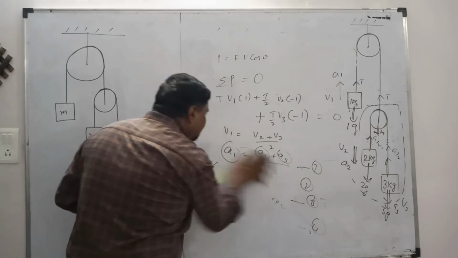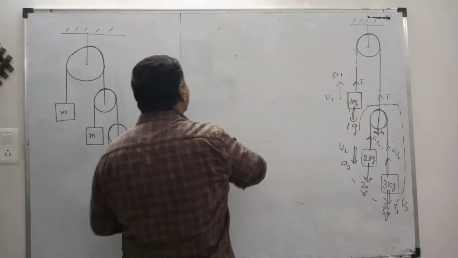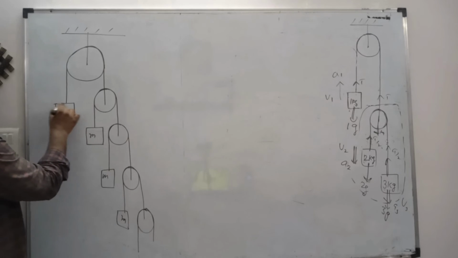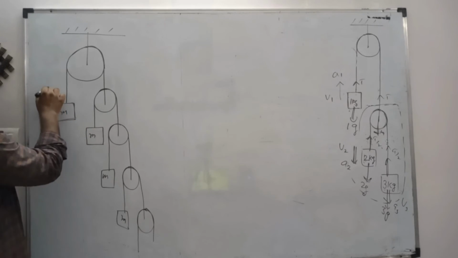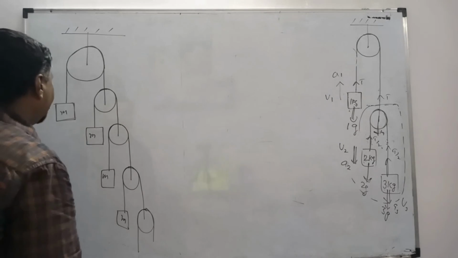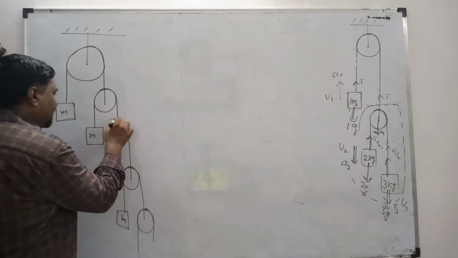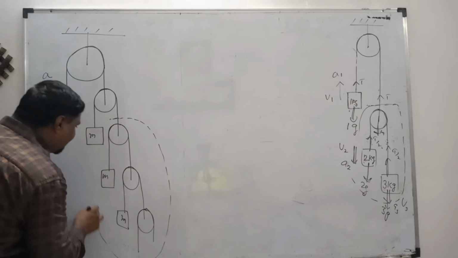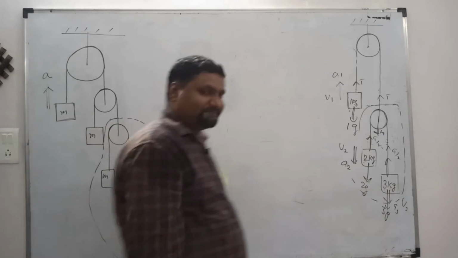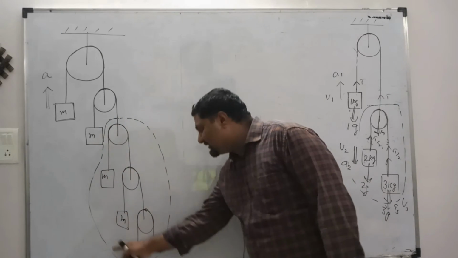So how can we proceed with this question? Let's try to understand the technique I have discussed with you. Our aim is to find the acceleration of this block, and I am assuming the acceleration to be A. What if it is possible to find the equivalent mass of this whole arrangement?